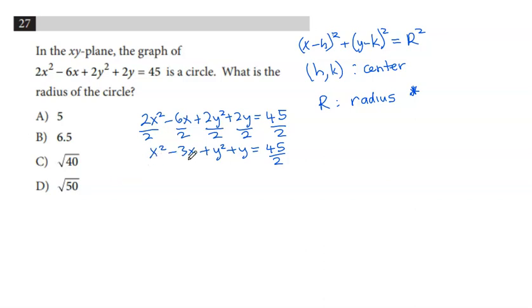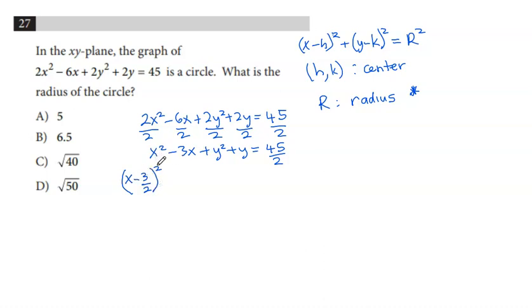To complete the squares for the x terms, you divide the coefficient of x by 2 and then write the equation like this: x minus 3 over 2, so the coefficient of x has been divided by 2, all squared. Right? Here, once I do this, if I expand this, it will give me these two terms plus a 9 over 4, right? If you expand this, it will introduce a 9 over 4.